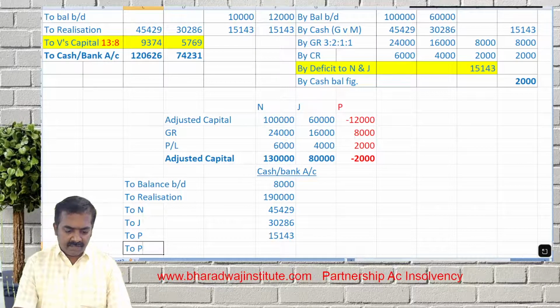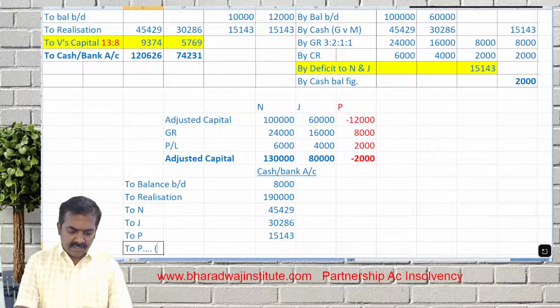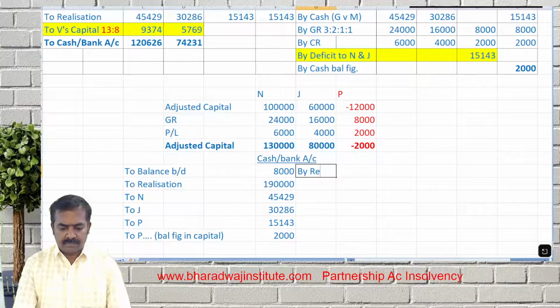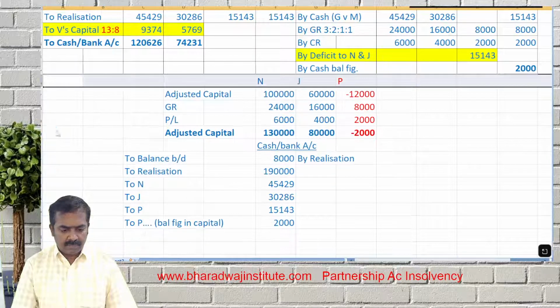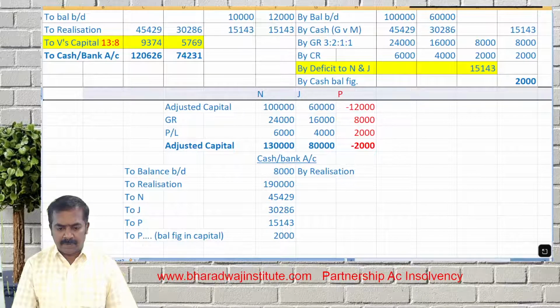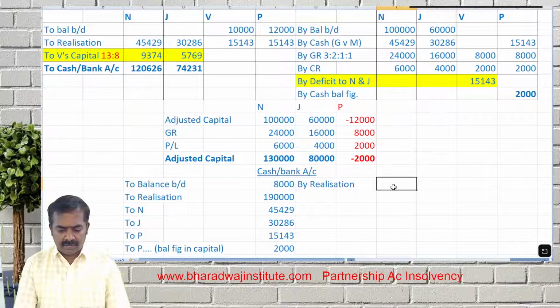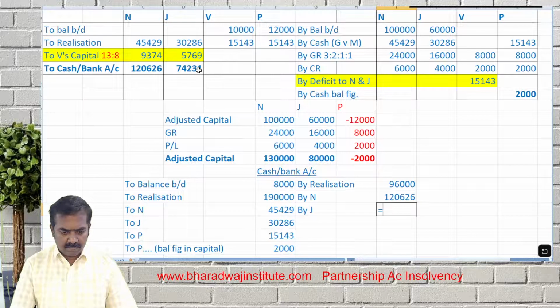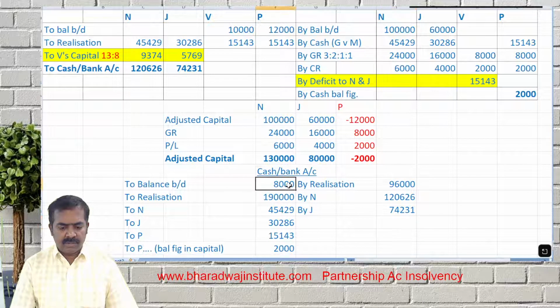Once again, P brings in. This is the balancing figure of capital. By realization of various items, how much do we pay? By N, by J, how much for N? A 1 rupee difference comes.